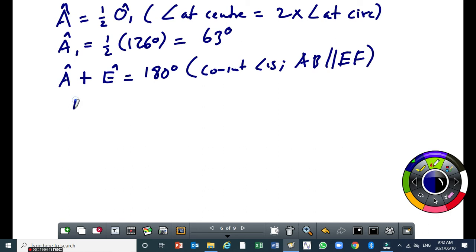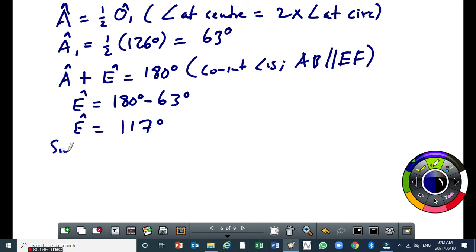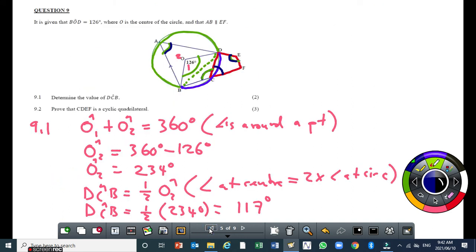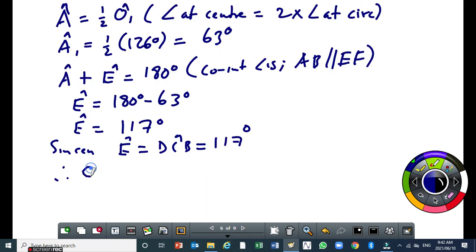So it means my angle E is equal to 180 degrees minus 63 degrees, and that will give me 117 degrees. Then I'll say since angle E is equal to DCB and both are equal to 117 degrees, therefore CDEF is a cyclic quad.